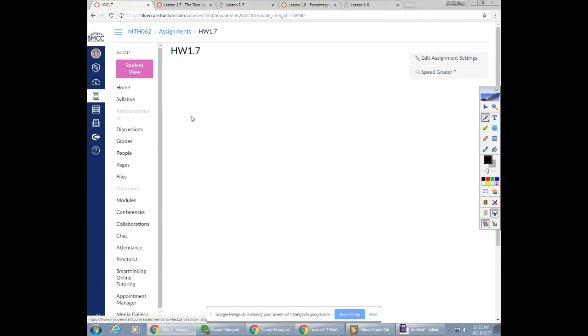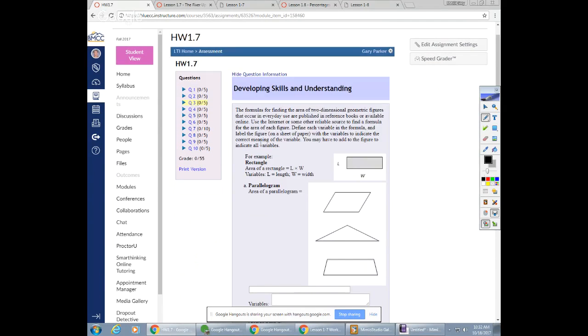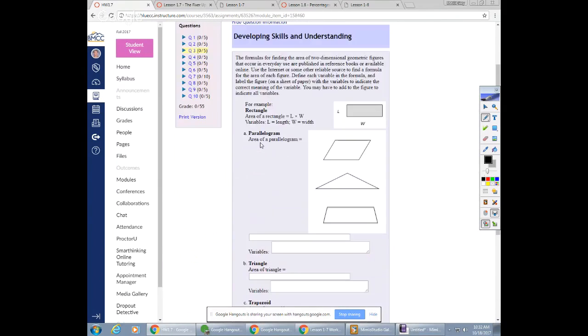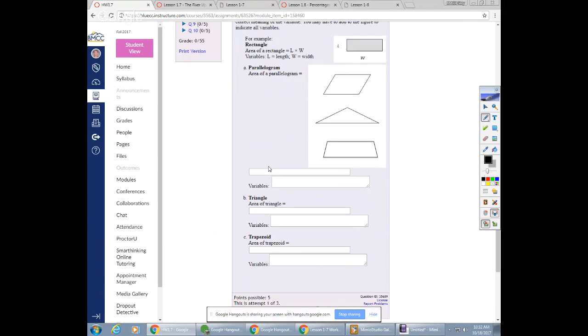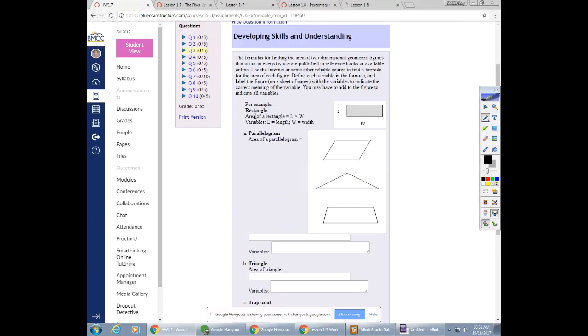All right, so let's see. That one's not too bad. Here you're supposed to do some research online or in a book and come up with a formula for a triangle, and tell me what variables you used. They give an example here of what it would look like. You would tell me something like L times W is the formula, and then tell me what your variables meant in the variable box.